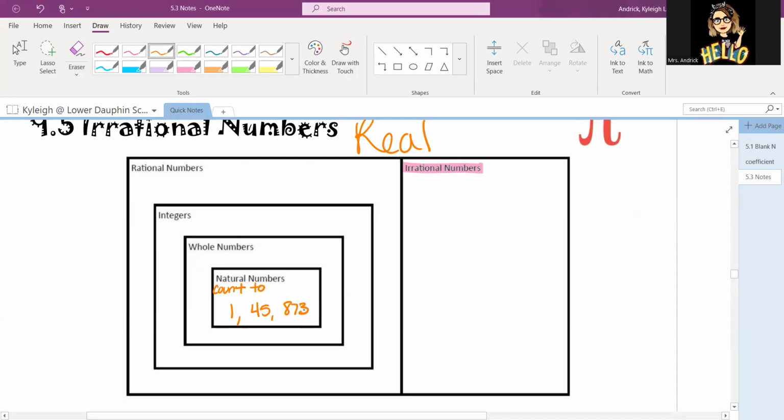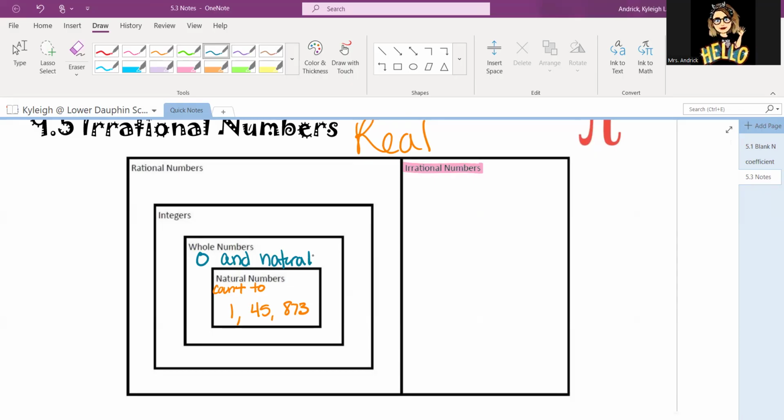So anything you can count to. Just think of it as any positive number. Whole numbers are 0 and natural numbers. The only difference between natural numbers and whole numbers is that now we're adding 0.